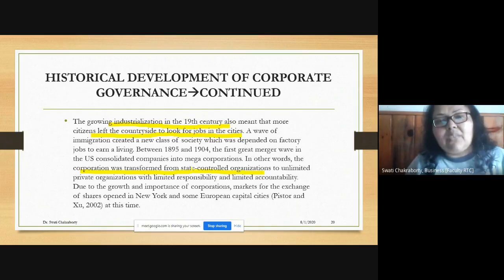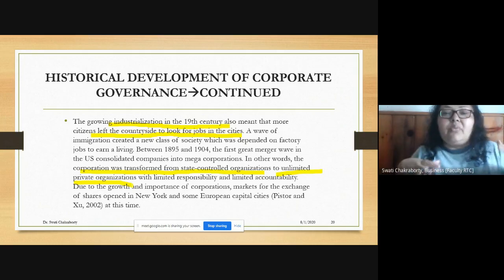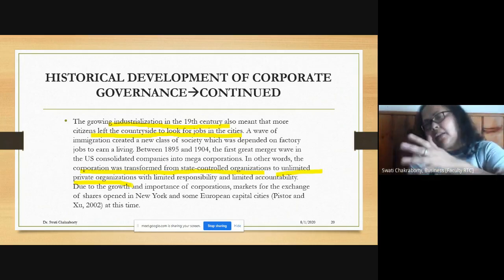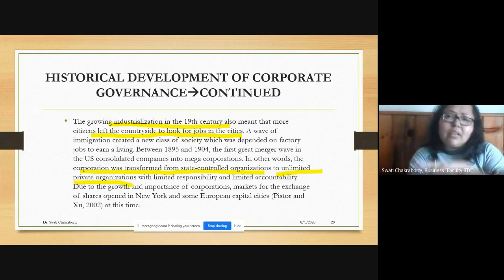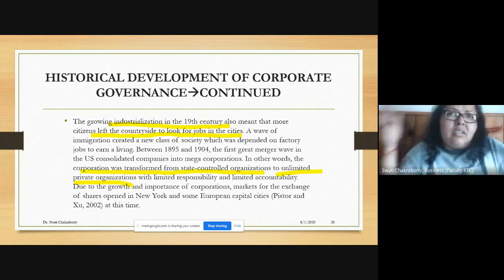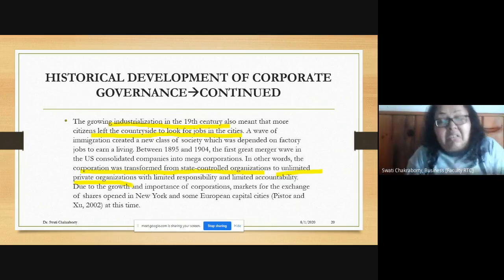If you talk of the East India Company, that was owned by the government. Like the Queen was in charge, overall controlling it. So the government was there.